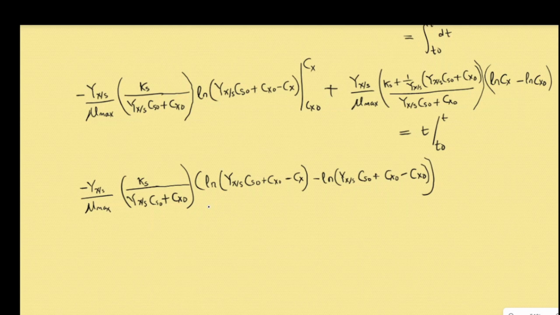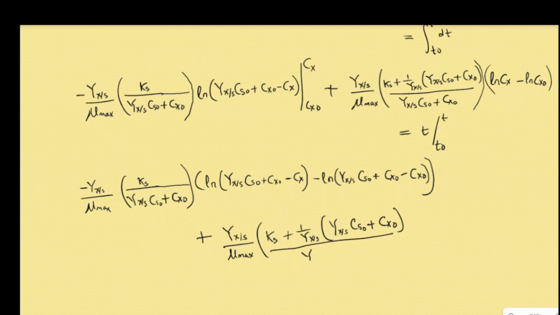then this plus, let me just bring it down here, then plus Yx/s mu max, and into Ks plus 1 over Yx/s, then Yx/s Cs naught plus Cx naught, like this, over Yx/s Cs naught plus Cx naught.